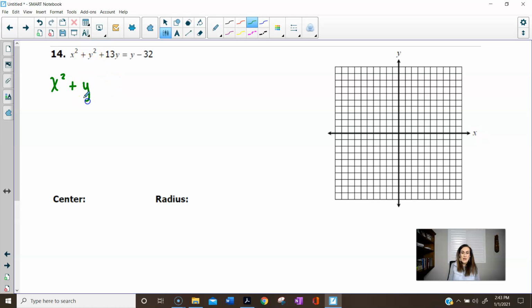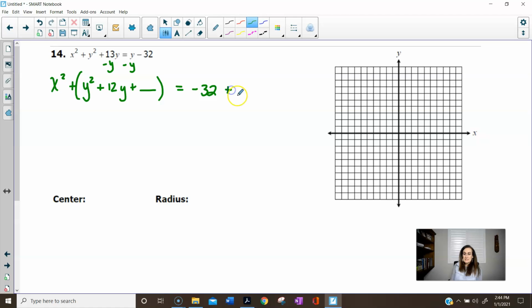So I have a y squared, and this y over here, I'm going to subtract over to this other side because I'm gathering all my y's together. 13y subtract 1y is 12y. So this would be plus 12y plus something.